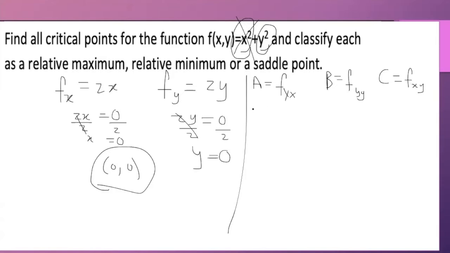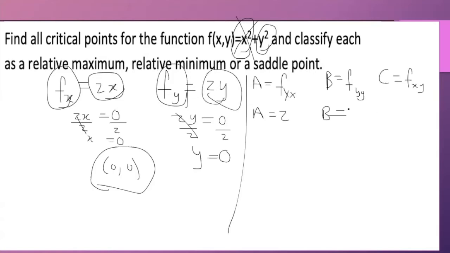To find A, I identify that this is fx, and I differentiate this to get 2. For fyy, I identify fy and I differentiate 2y to get 2.